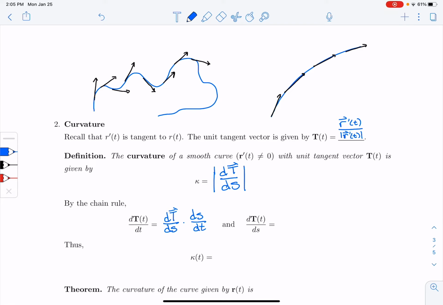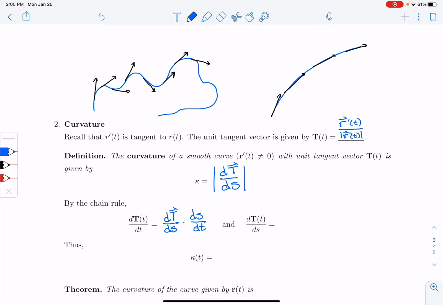So we're going to think about the unit tangent vector as being a function of arc length, because it changes as we progress through the arc length. But then arc length is a function of t. And so we can solve for dT/ds in this way.